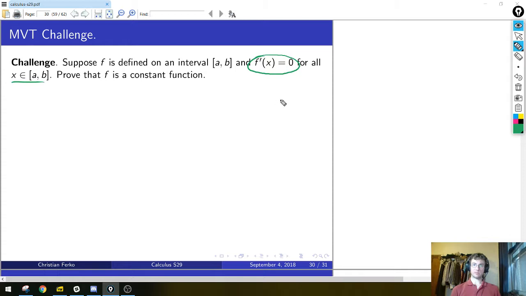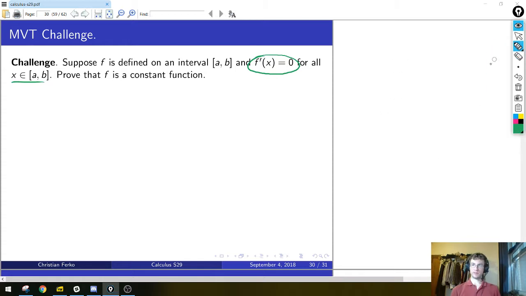So f prime of x equals 0 for every input x in that closed interval a to b. We're asked to prove that f is a constant function. Intuitively this makes sense. If the tangent line slope is always 0, it's hard to imagine how this guy could not be constant. It seems like if he changed values anywhere, the derivative would have to be non-zero. But that's not a proof.